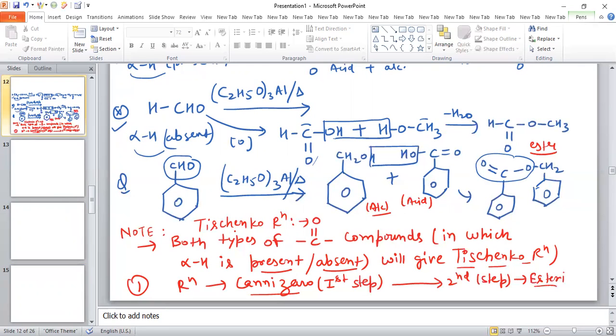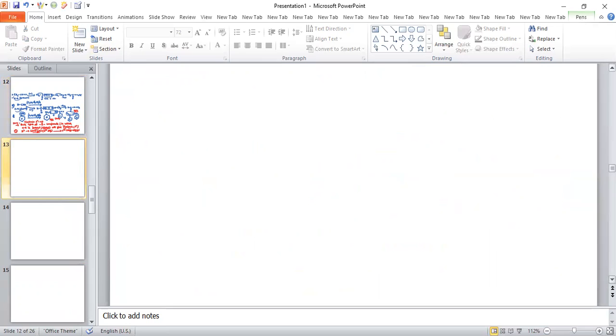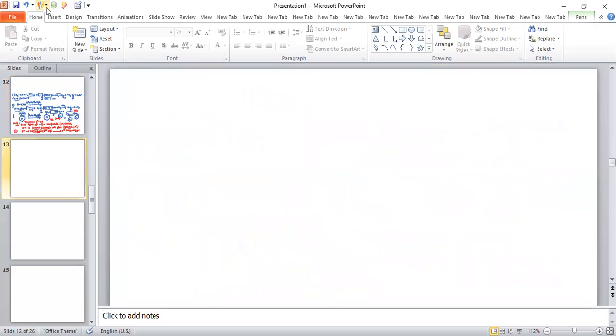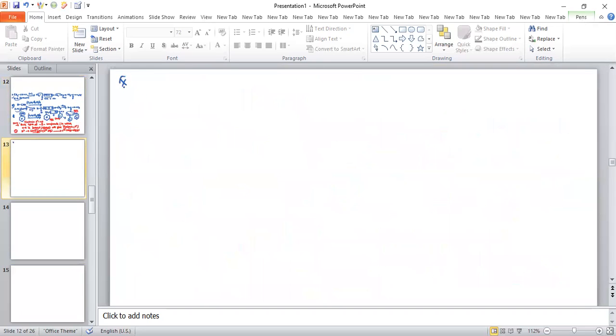Now we are going to discuss Fehling's solution. So we are going to discuss the tests for aldehydes. Our next topic is tests for aldehydes. What are basically the tests for aldehydes?